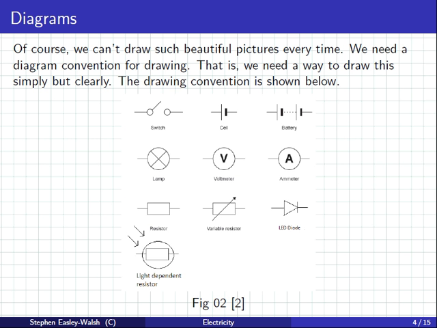It's very small, isn't it? Maybe you could even share that with people. It might be useful. Light dependent. Got that?